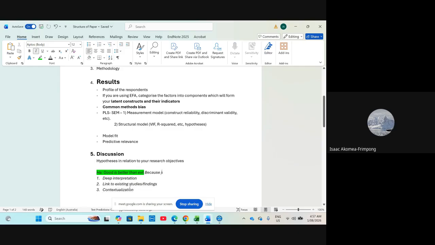Okay, so contextualization. I want to say this thing again. It's very important. Contextualize your findings. If your study is talking about artificial intelligence, talk about artificial intelligence. Interpret the results, and let people feel when they are reading the discussion section that this is about artificial intelligence, not another area of study.